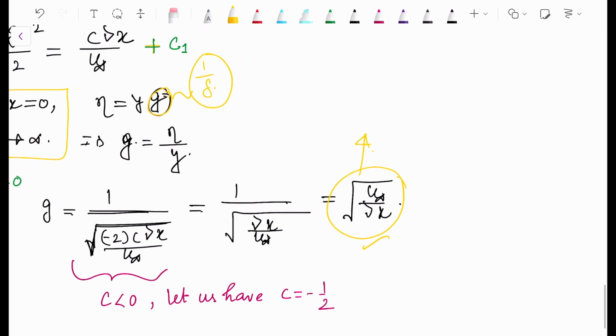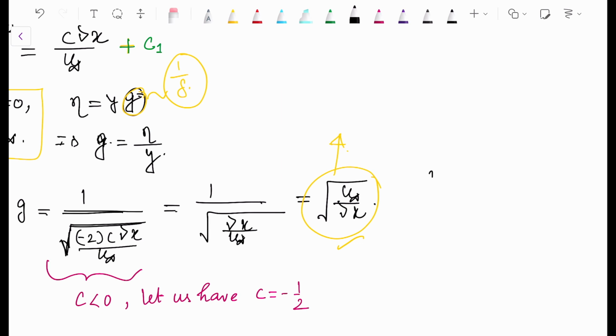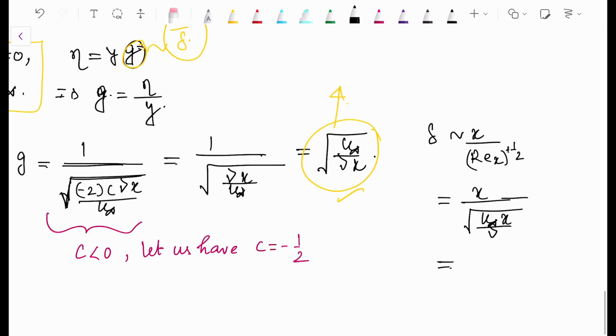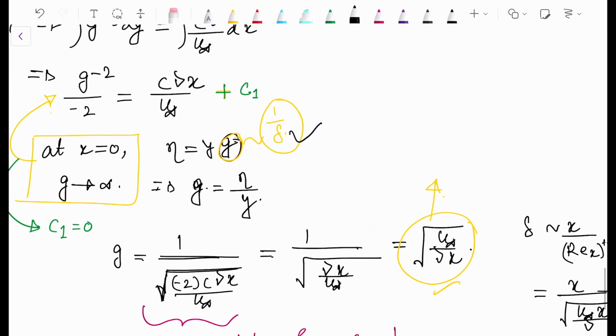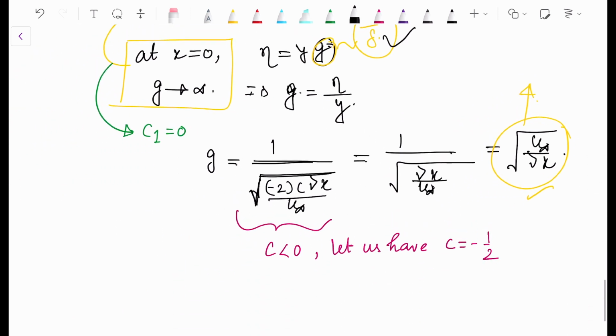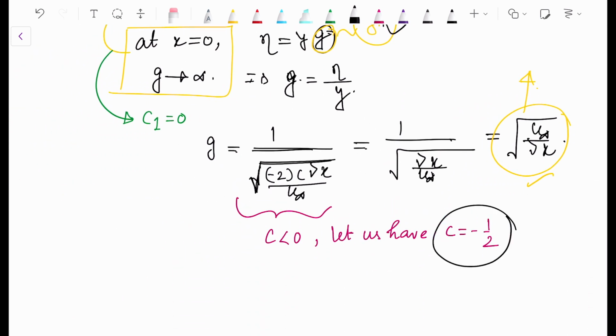Okay, so just see one thing, that we got delta as x into x by Re x whole to the power minus half, and that is equal to x by root under u infinity x by nu, and that is nothing but root under nu x by u infinity, and that is scaling with 1 by g, right? It is scaling with 1 by g. So this assumption is coming. Okay, now C we have taken as minus half.